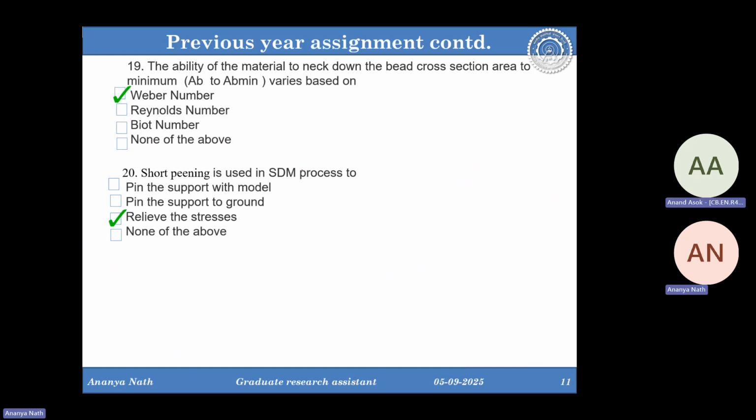Shot peening, yes, it will depend on Reynolds number also, right? I think, yes. So shot peening is used in SDM process to relieve the stresses.